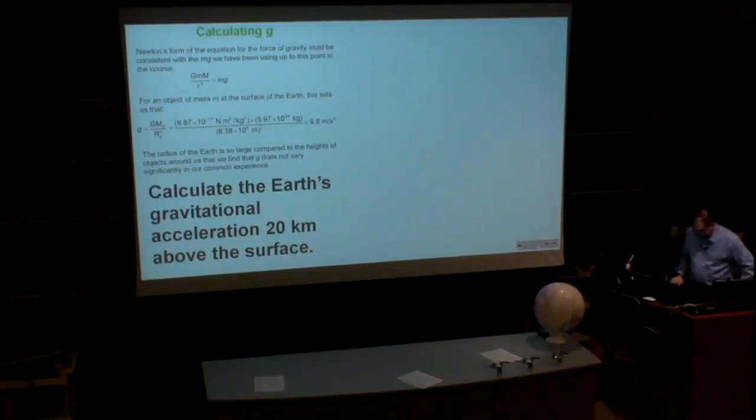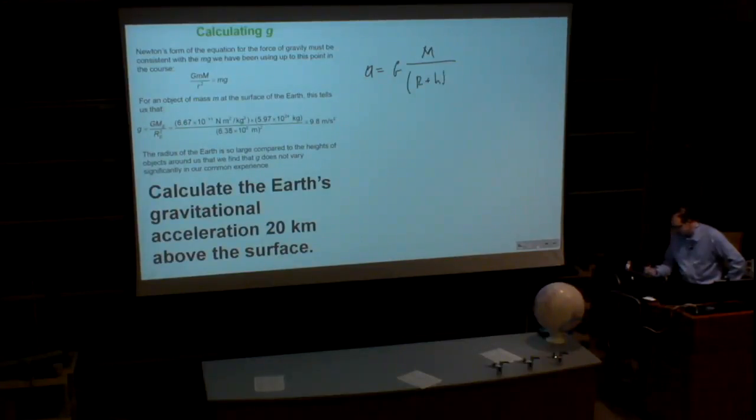Well, as an example, let's see how acceleration changes if we go up higher and higher. Acceleration, as we just derived, should be equal to a constant times the mass of the Earth divided by the distance squared.